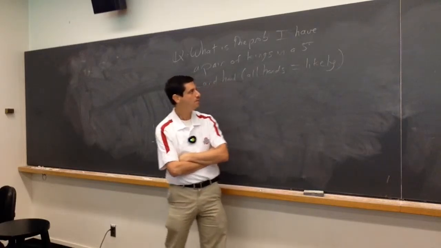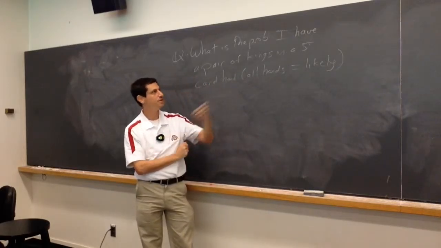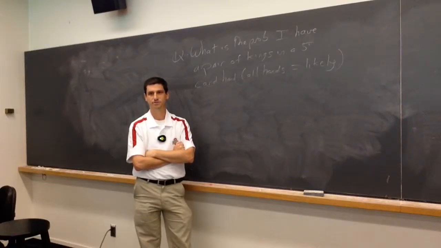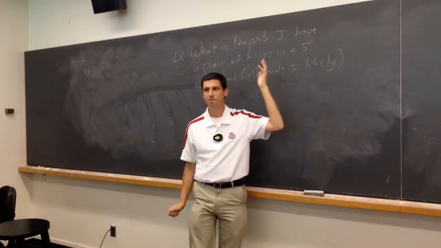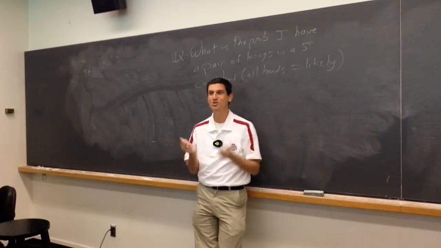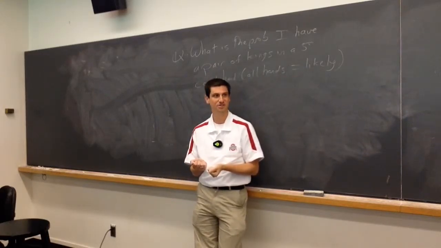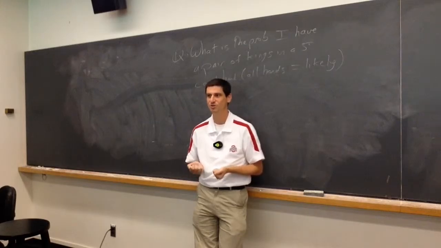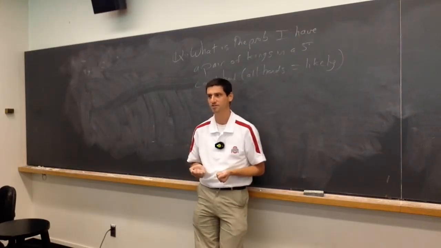Out of curiosity, how many people interpret this as, if you have 3 kings, the answer to this question would be no, you don't have a pair of kings? If you're playing poker, you would not call 3 kings a pair of kings. You would call it 3 of a kind. It's a higher hand, it's worth more. From a mathematical perspective, though, if you have 3 kings, you also have 2 kings. You also have 1 king.